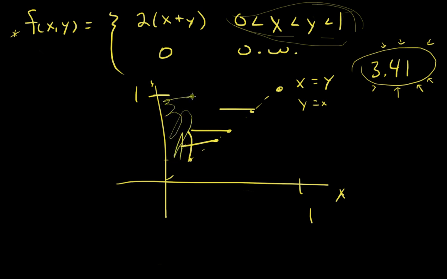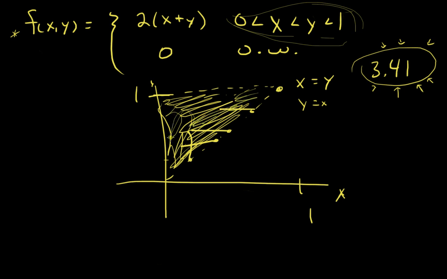So basically, what am I doing? It's right here, all right? That should be a dotted line because y doesn't ever equal 1, right? It just gets up to 1. All right, so this PDF takes this non-zero value in this upper triangle up here.